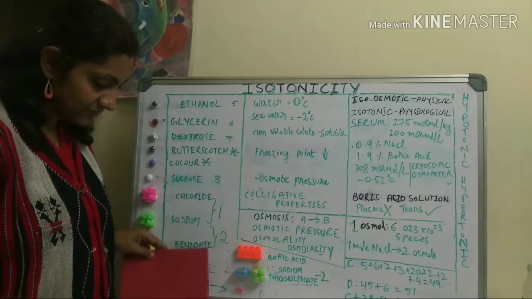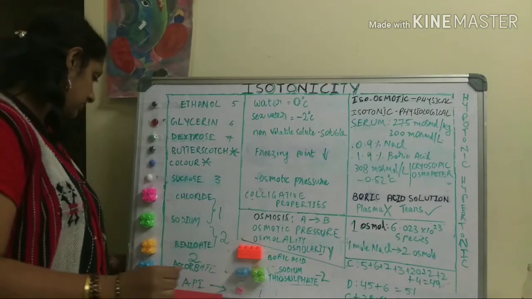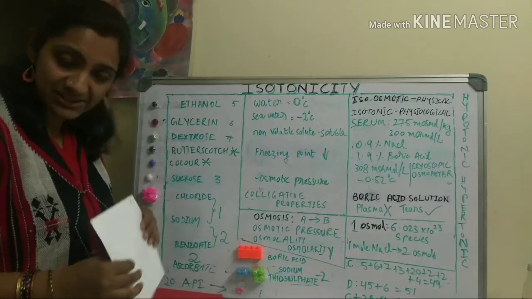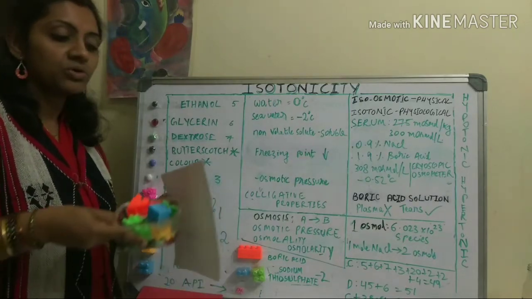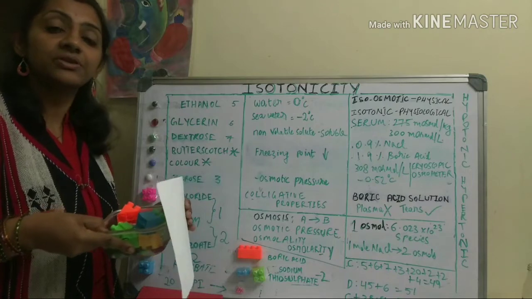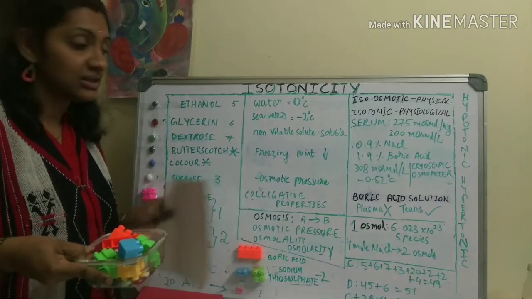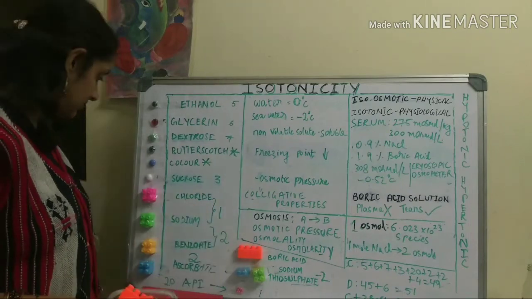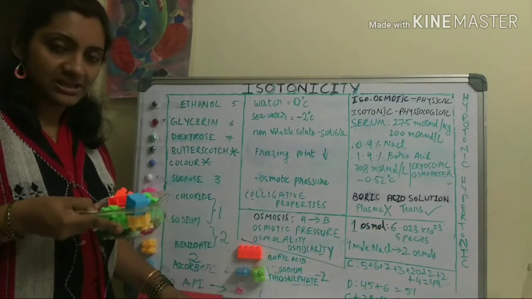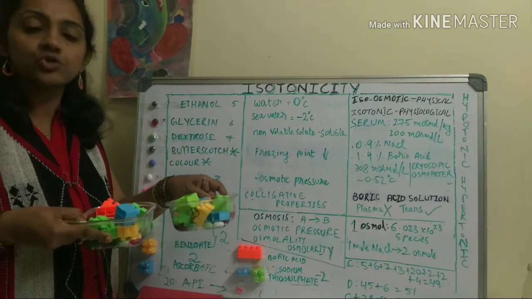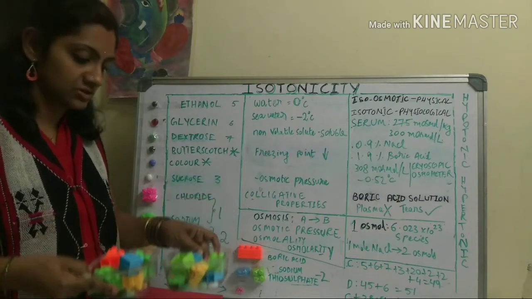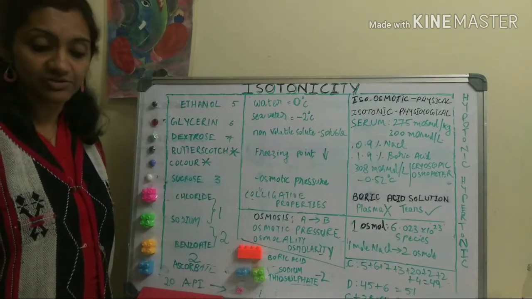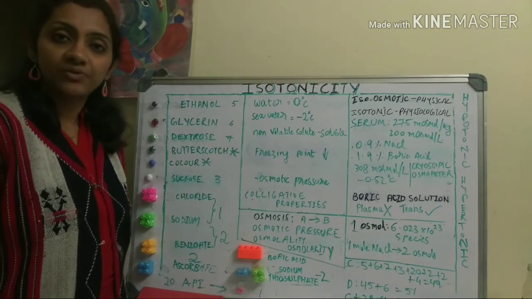Now on the other hand, if I am using the same formulation for ophthalmic delivery, both of them are suitable because boric acid is tolerated by the lacrimal fluids, right? Both system C and system D are suitable for ophthalmic administration, but system C is not suitable for parenteral administration.